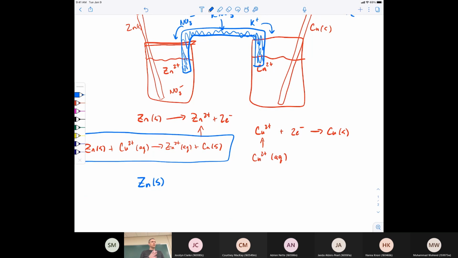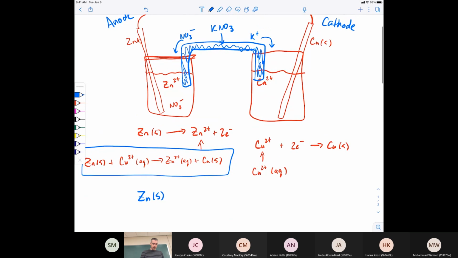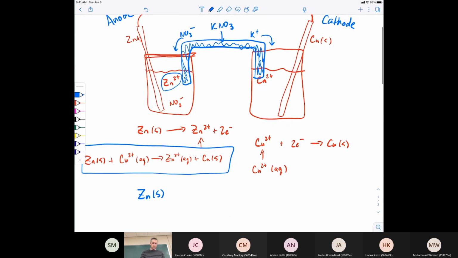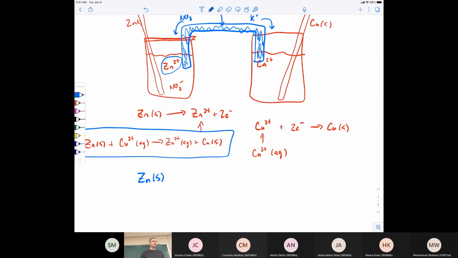Then what we do is we use a vertical line every time there's a phase change, every time we move to a new phase. So the zinc solid is in contact with zinc 2 plus ions, but they're in different phases, obviously. One's solid and one's aqueous. So we use a vertical line, and then we write zinc 2 plus aqueous.